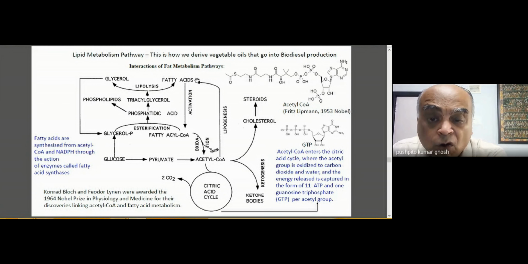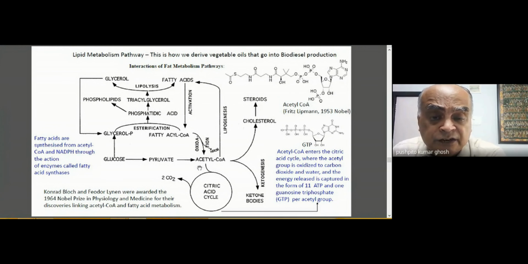Alternatively, you can feed these fatty acids and metabolize them and generate citric acid, and it completely decomposes your fatty acids.